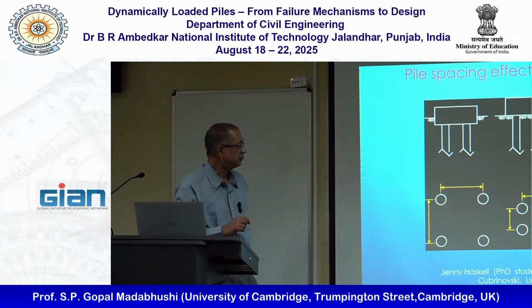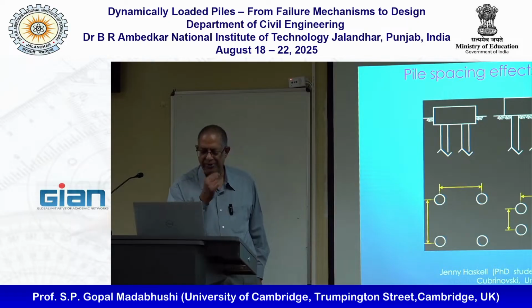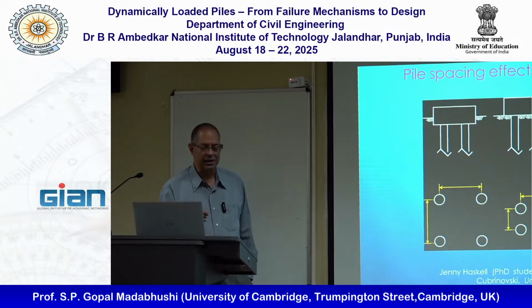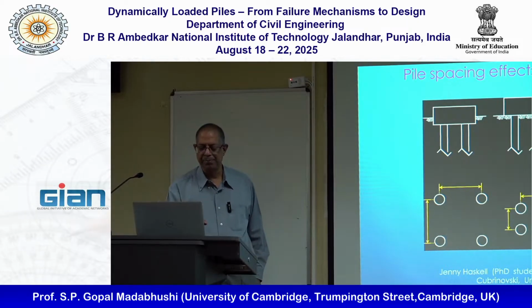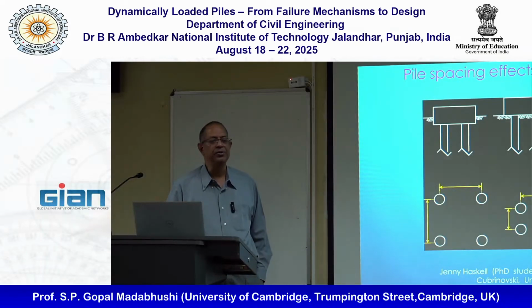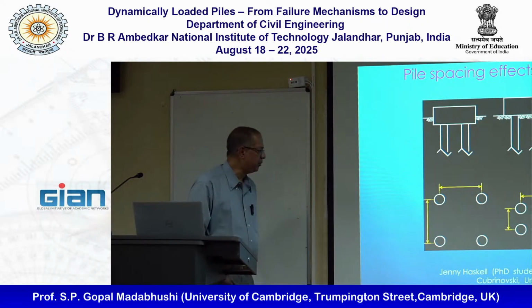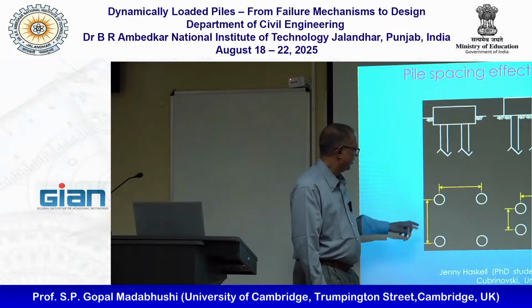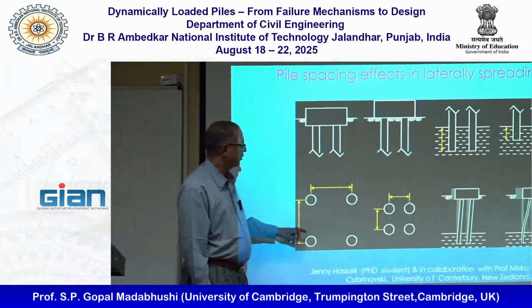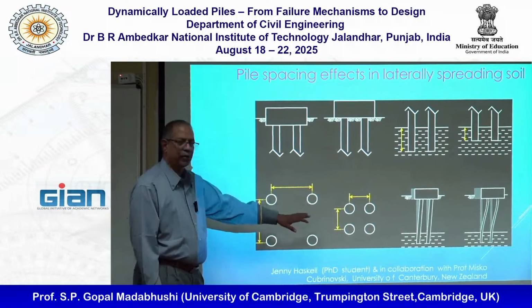Okay. So the bit about laterally spreading ground, I'll do the one version of this today, and the rest of it I'll do tomorrow, where we look at the limit equilibrium methods as well. So the problem is piles. Here I'm focusing on pile spacing.